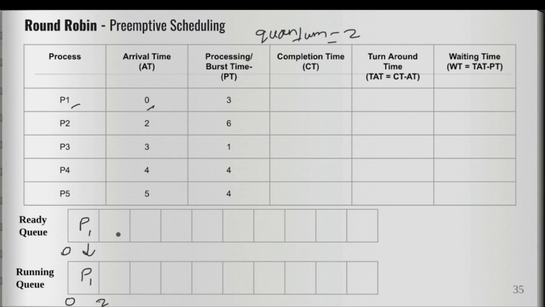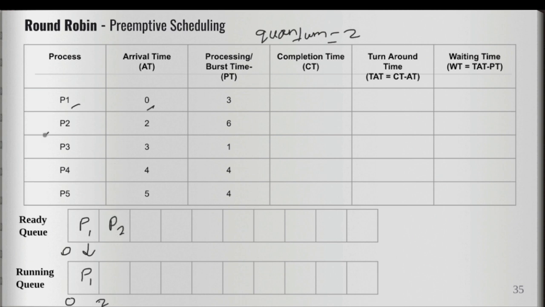Once we run it for 2 units, we check at 2 units of time, are there any processes that have arrived? Yes, we can see that P2 has arrived. So we are going to place that P2 into the ready queue.